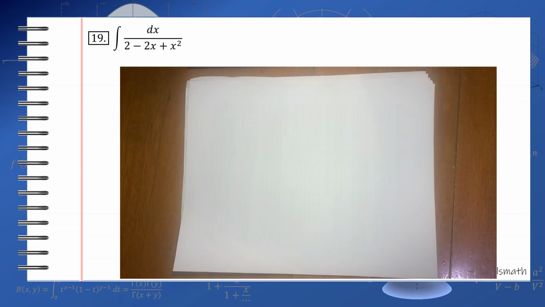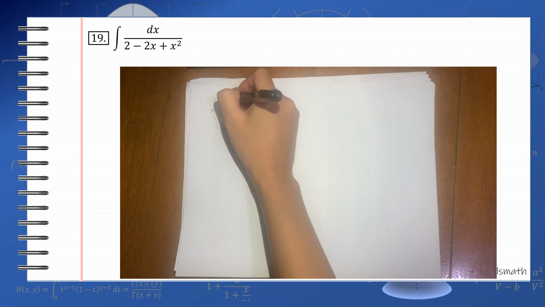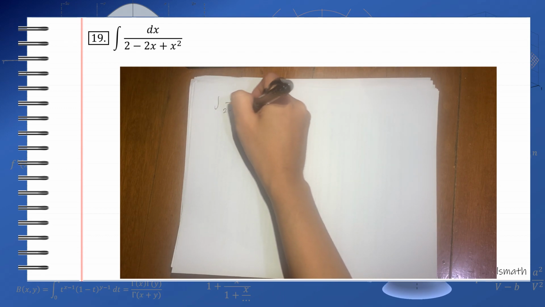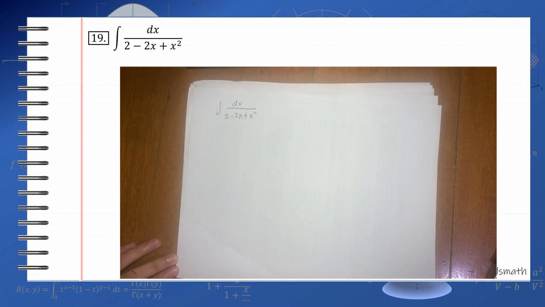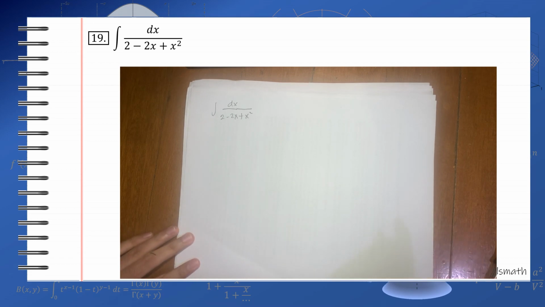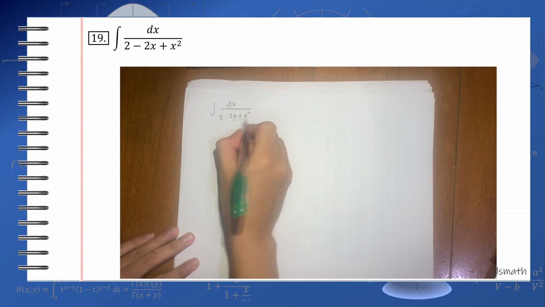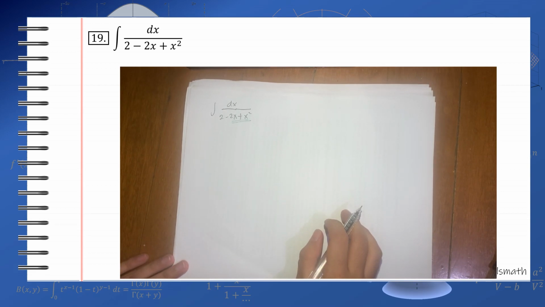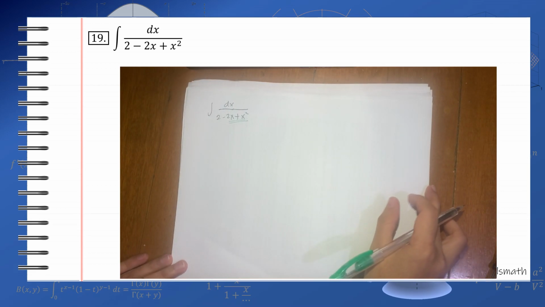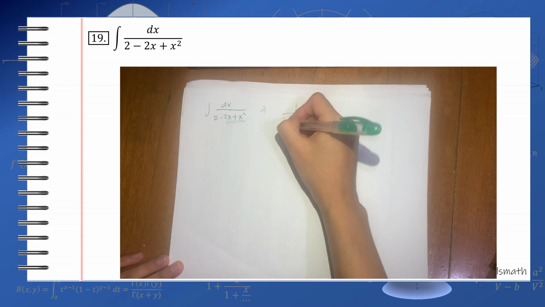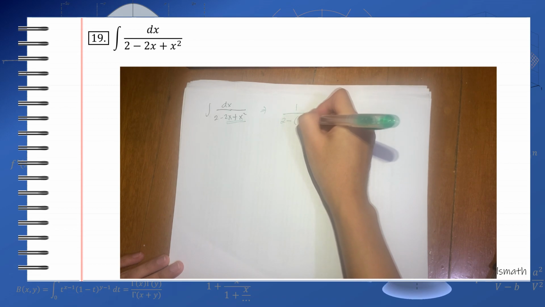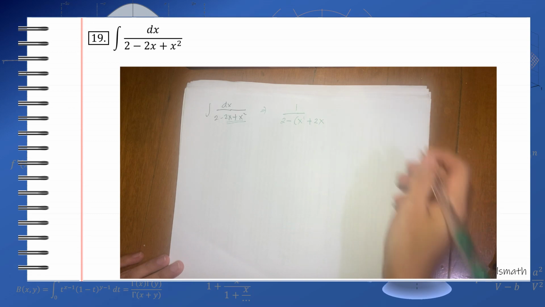Okay, let's start with number 19. It's the integral of dx over 2 minus 2x plus x squared. You have a quadratic term in the denominator, so it gives you a hint that it has something to do with trigonometric substitution. So to do that, we have to express this 2 as something plus something x squared by completing the square. That's equal to 1 over 2 minus x squared plus 2x.